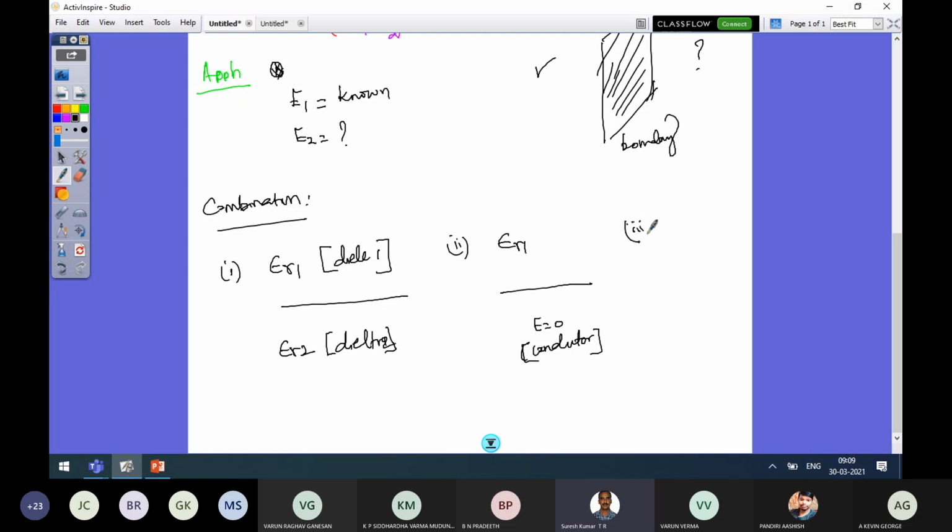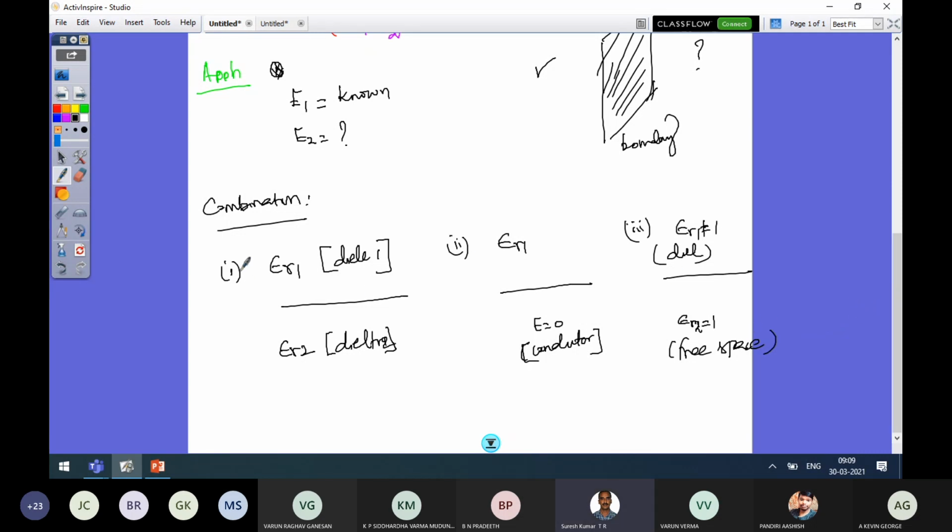The third possible combination is dielectric and free space. For free space, epsilon R is equal to 1, right? For the dielectric, it will not be equal to 1, it will be some other value greater than 1. So the solution is going to be a one-line, very small equation.